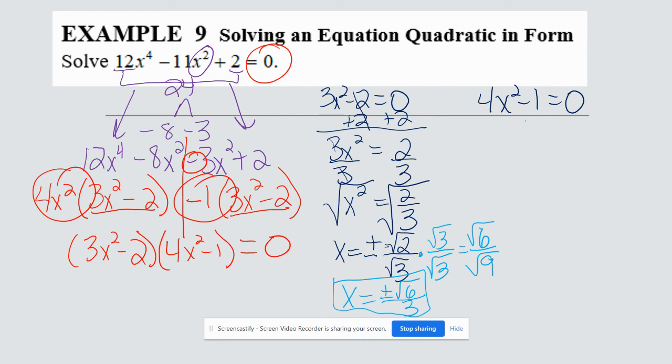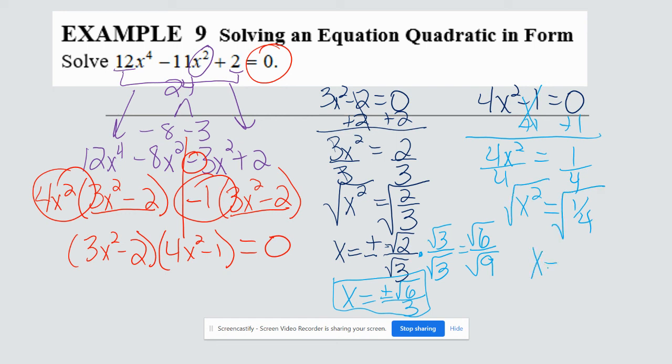Over here with the 4x squared minus 1, we start with adding 1 to the other side. We have 4x squared is equal to 1. Divide by 4. 4 over 4 reduces to 1. And 1/4 I really can't do anything with, so we're going to leave it alone. The opposite of a square is a square root.